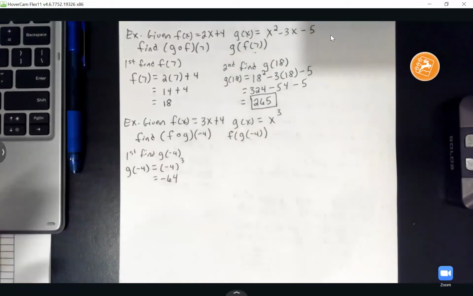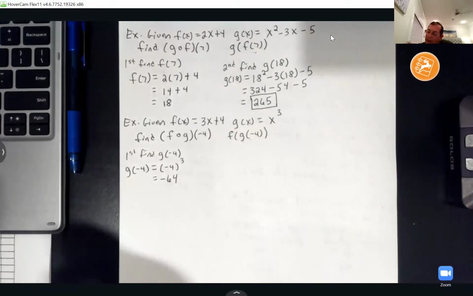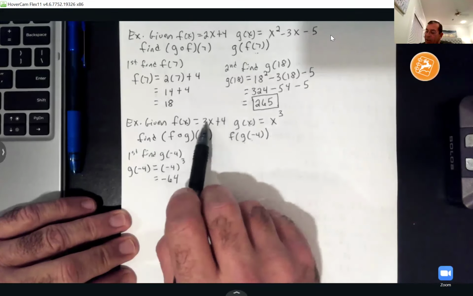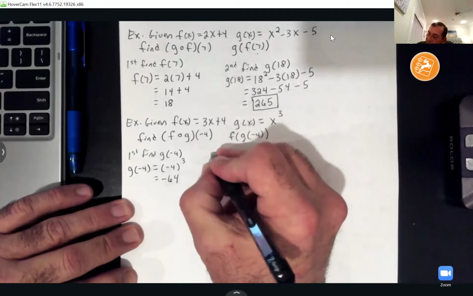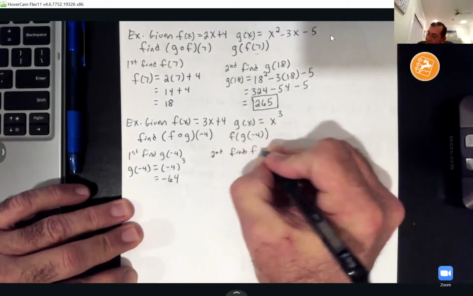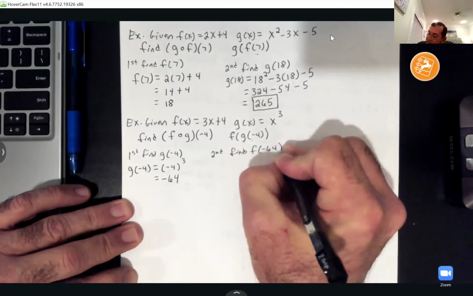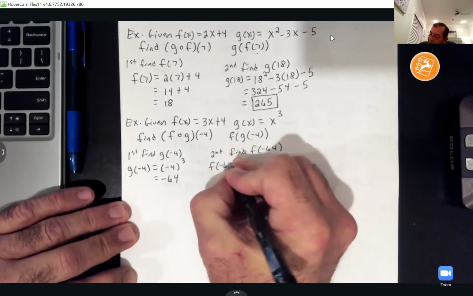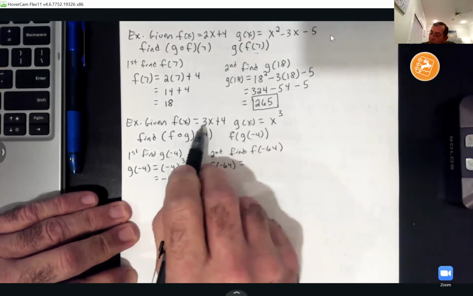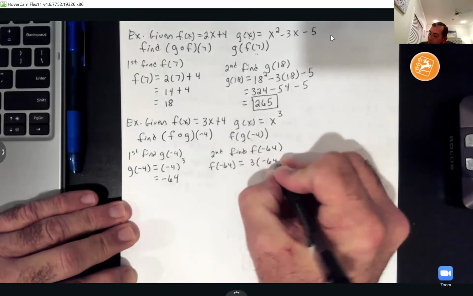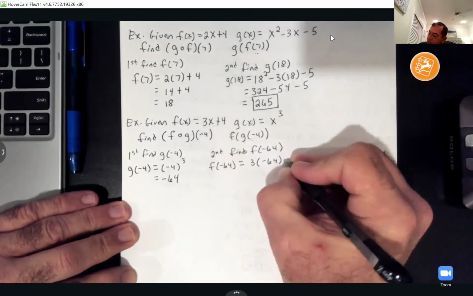A -64. So that -64 now goes into the F equation. So y'all, we're finding F of that -64, okay? So F of -64 will equal 3 times -64 and then plus 4.